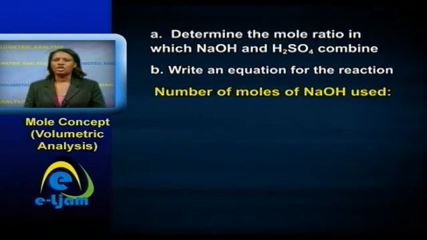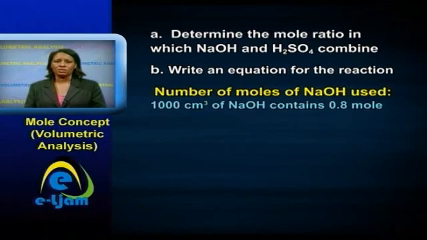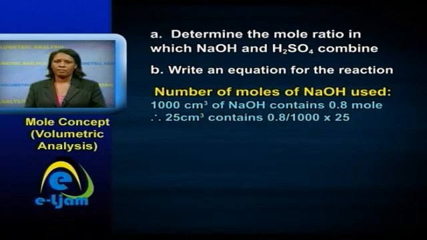Solution. Number of moles of sodium hydroxide used: 1000 cm³ of sodium hydroxide solution contains 0.8 moles. Therefore, 25 cm³ contains 0.8 divided by 1000 times 25, which is equal to 0.02 moles.